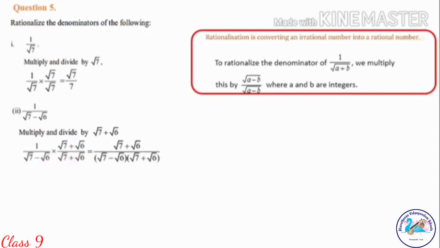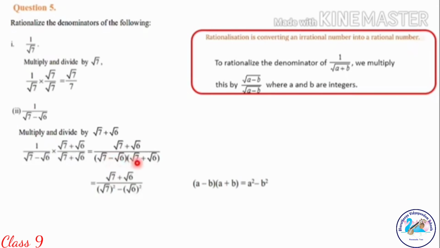So when you combine together, 1 into root 7 plus root 6 is root 7 plus root 6. Just arrange the denominator, root 7 minus root 6 into root 7 plus root 6, in the format a minus b into a plus b. Let's recall, a minus b into a plus b is a square minus b square. The numerator stays as it is, root 7 plus root 6.